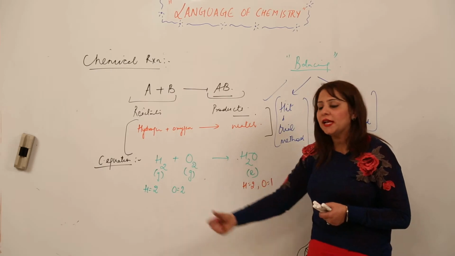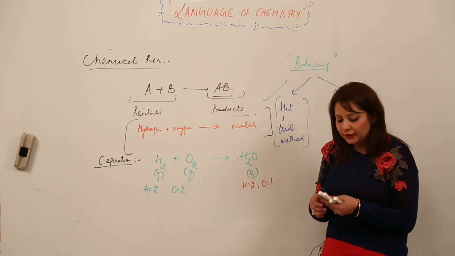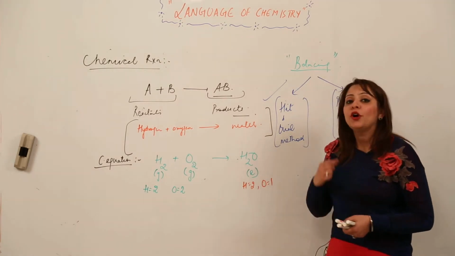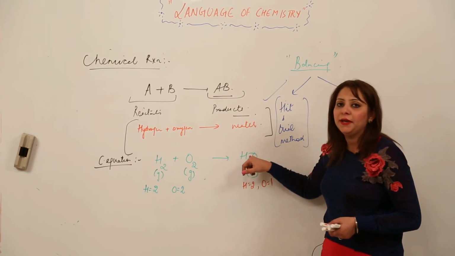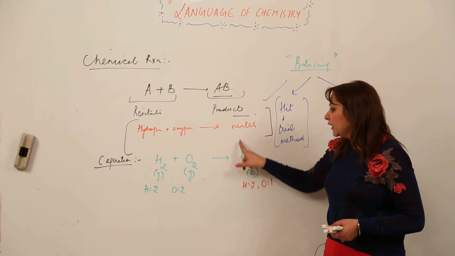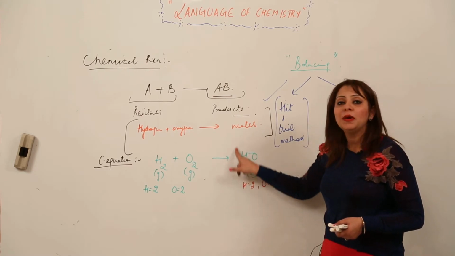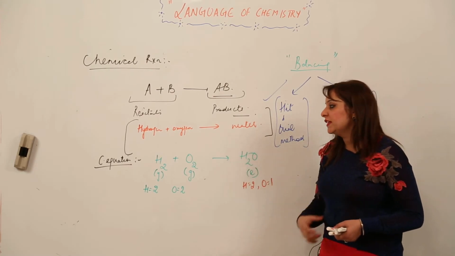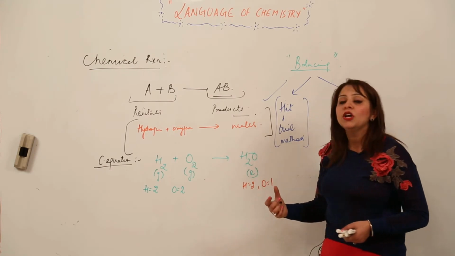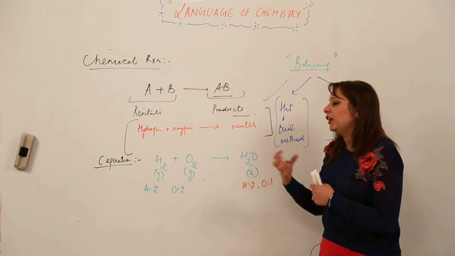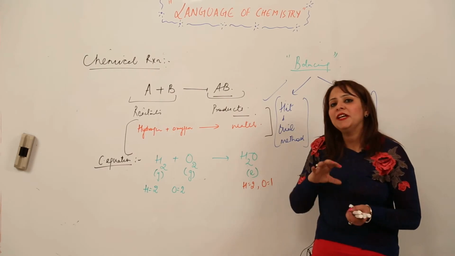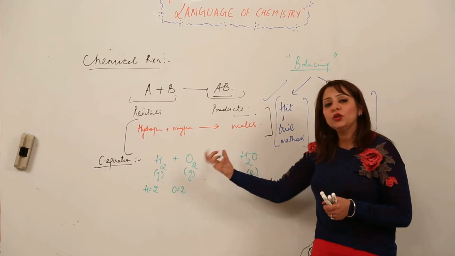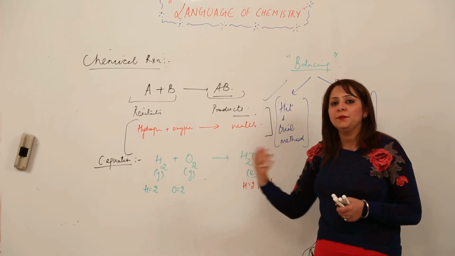Here there are 2 oxygen atoms, and on this side there is only 1 oxygen atom. What we can do is, for balancing, we can put any number on this side, but not in the middle. We can use a coefficient in front, and it can be in multiples also. It is not always that it is 2, so if we are not able to make that 2 or 3, we can just multiply the given figures on both sides, just to make them the same, right?